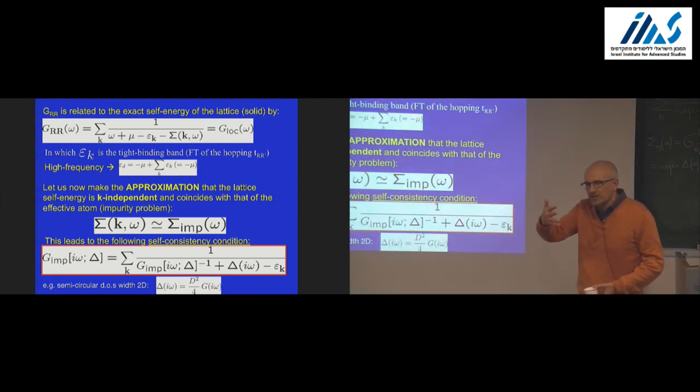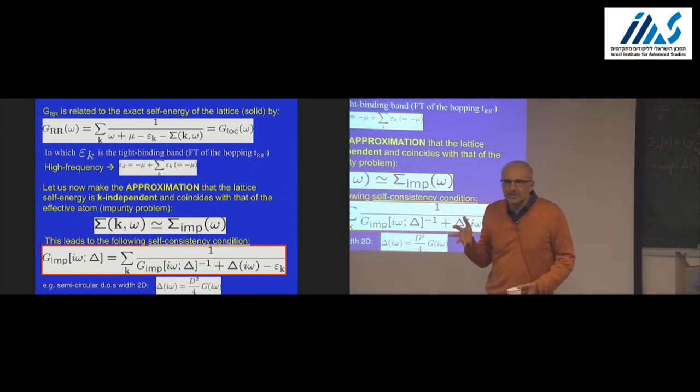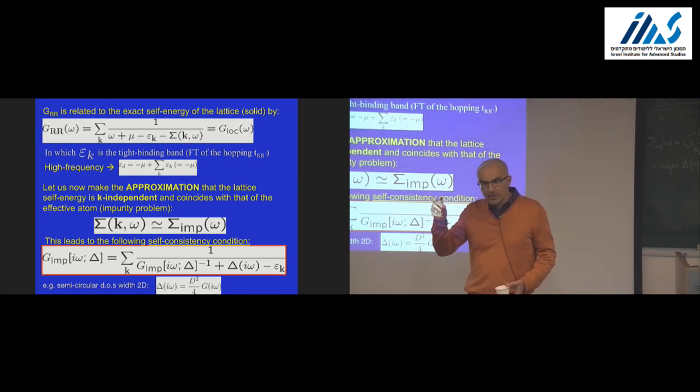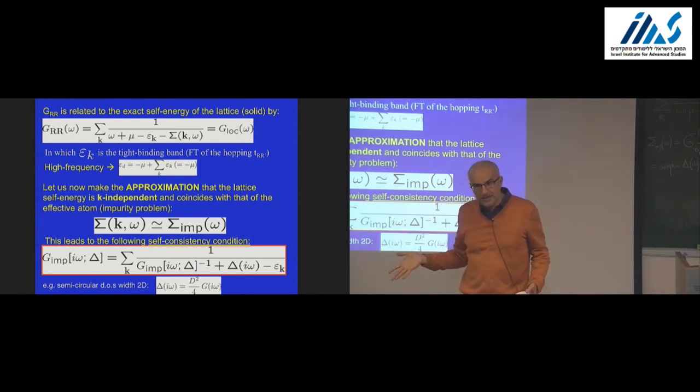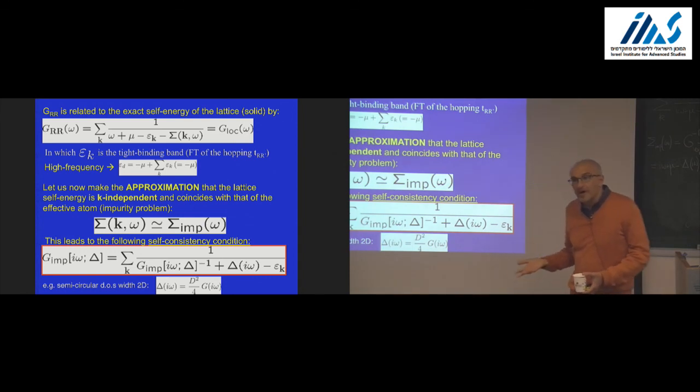And I'll show you results for the self-energy that have very clearly low frequency Fermi liquid behavior. If delta of omega, on the other hand, has no states at low energy, then I have the problem of a local impurity in a bath that has no states, and that's not a Fermi liquid, that's a state with a gap, right?